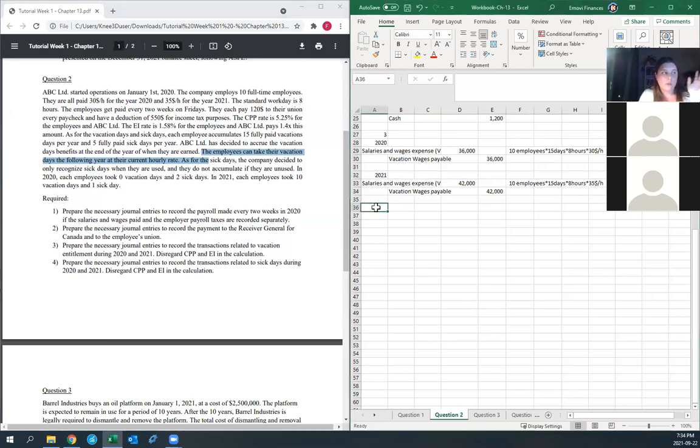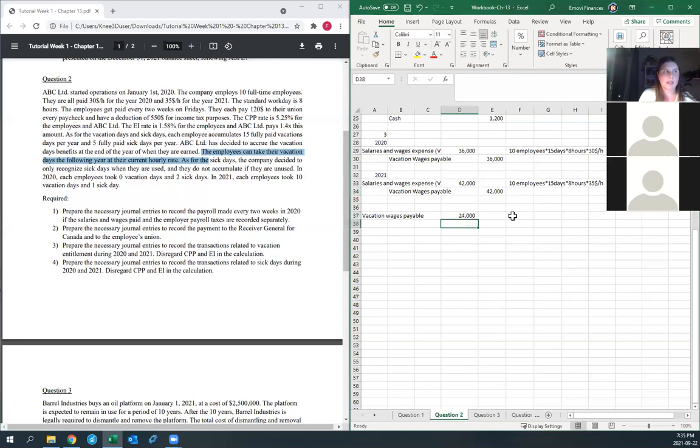So to account for that, I'm going to skip an account here because I want to do it after. But first you're going to calculate how much of the vacation wages payable we have paid. This account has been accrued at $30 per hour, so we're going to use $30 per hour again to reduce it. It's 10 employees times 10 days, because each employee took 10 days, times 8 hours, times $30 per hour.